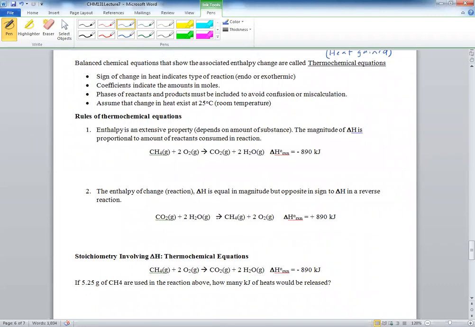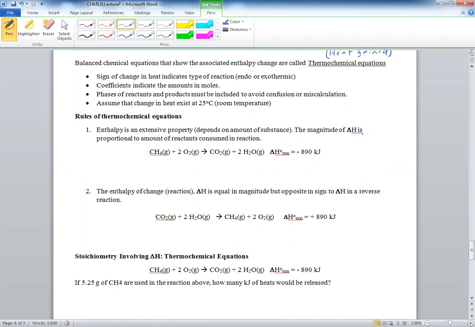So let's talk about some rules that govern these thermochemical equations, and they are very, very important, so please pay attention. It says enthalpy is an extensive property, meaning it depends on the amount of substance. You have more substances, you have more heat released or absorbed. Makes sense.